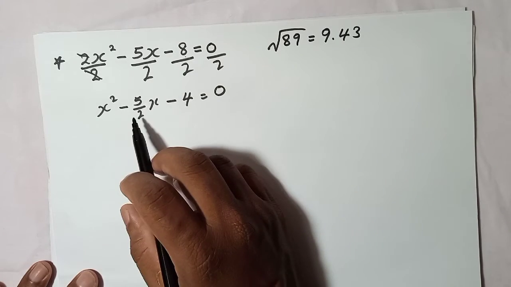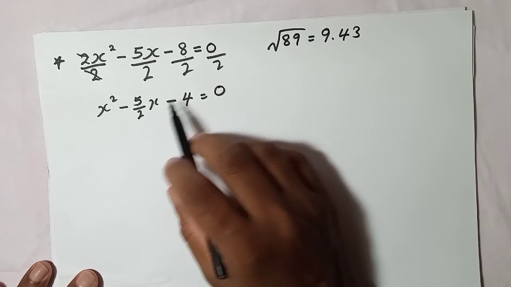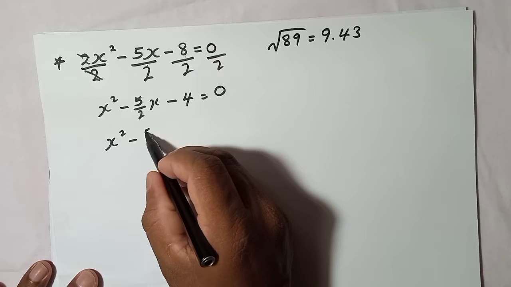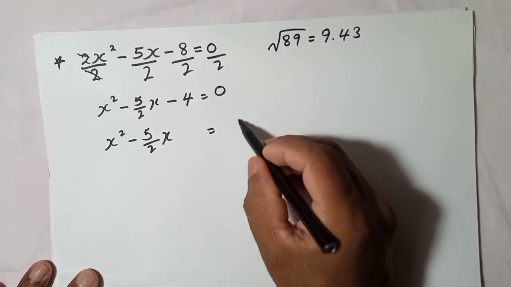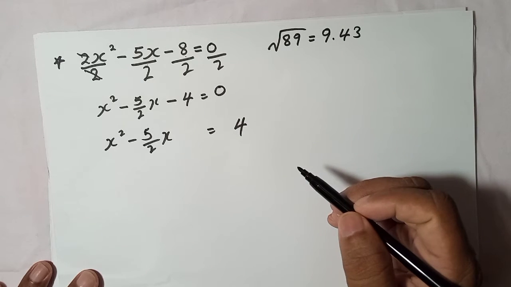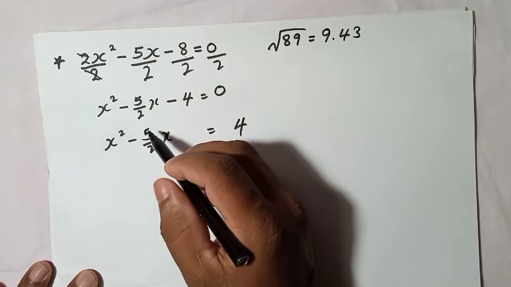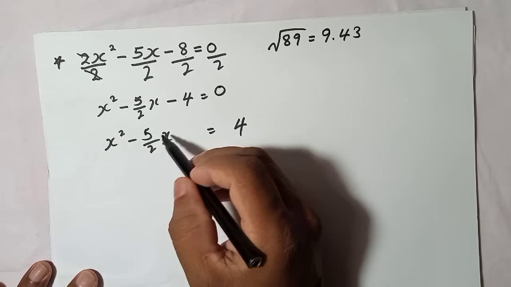Now this minus 4, I need to bring to this side. I will bring this minus 4 to here, and it will become plus 4.